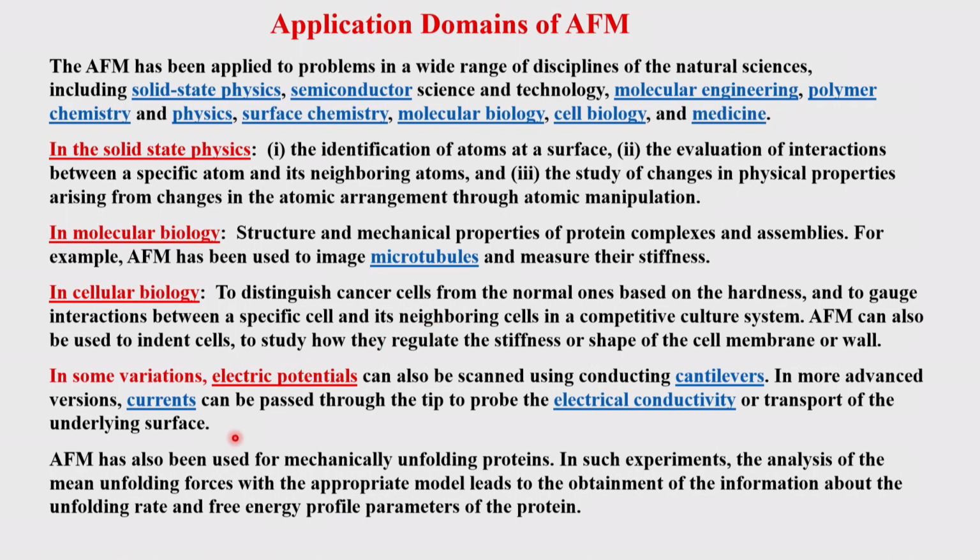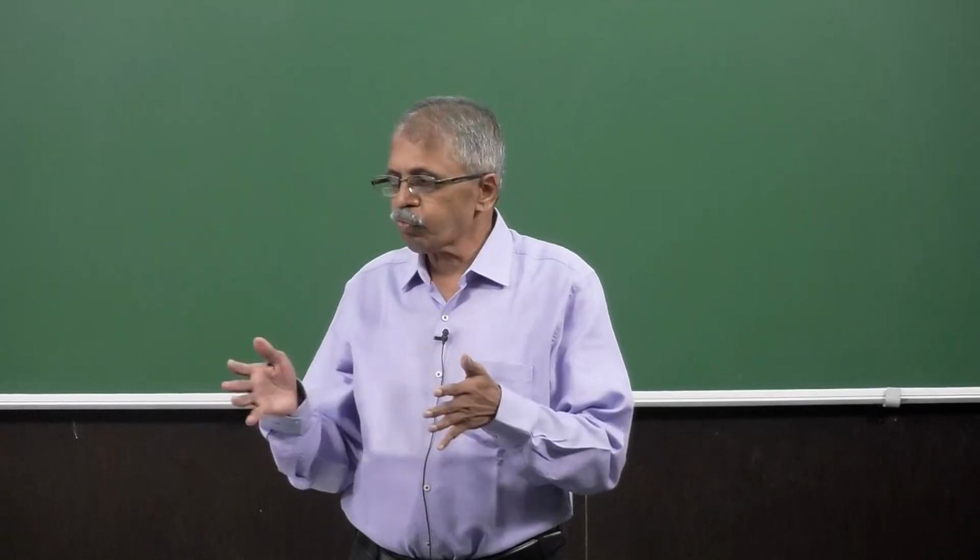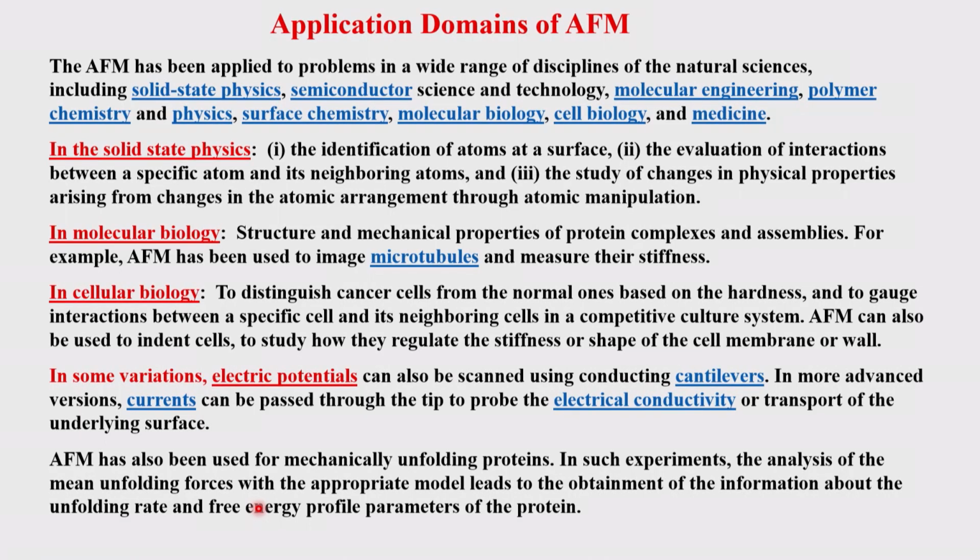And you can use it for electrical potential variations by using conducting cantilevers. You can use it for current measurements as well. So electrical conductivity, current transport, all these kinds of things. You can also use it for the folding and unfolding of proteins.